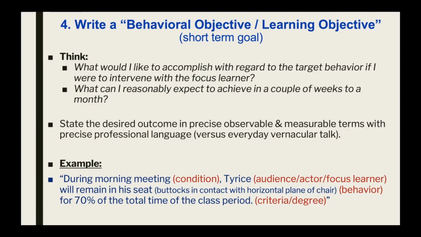Like what exactly is in seat? Oh, for this student, a couple of weeks from now, we just want the buttocks in contact with the horizontal plane of the chair. Maybe in the previous week, we just wanted any part of the student's body in contact with any part of the chair.